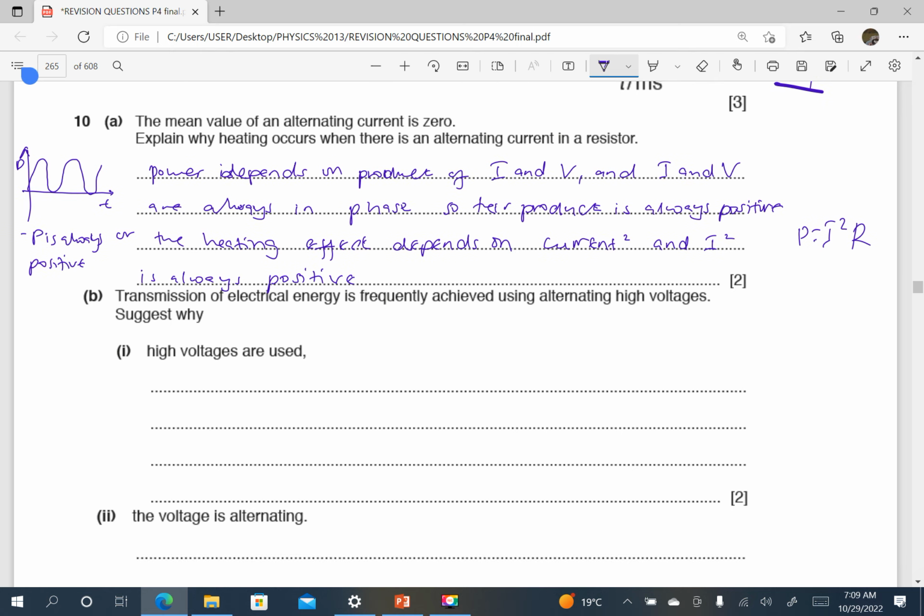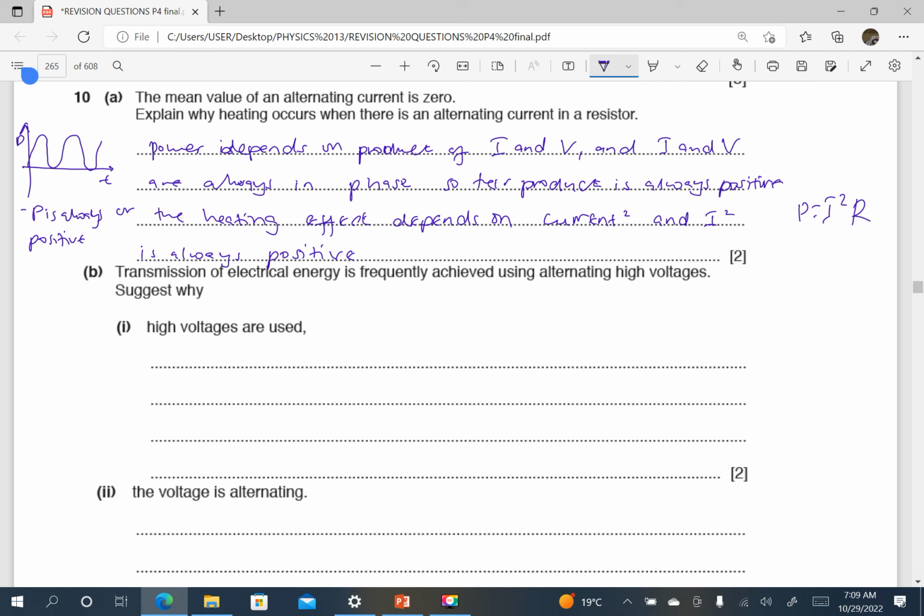Transmission of electrical energy is frequently achieved using alternating high voltages. Suggest why high voltages. We saw in class, or you must have seen with your teacher in class, that for the same power transmission, high voltage means lower current flowing in the cables. And lower current flowing in the cables means less power loss in the transmission cables.